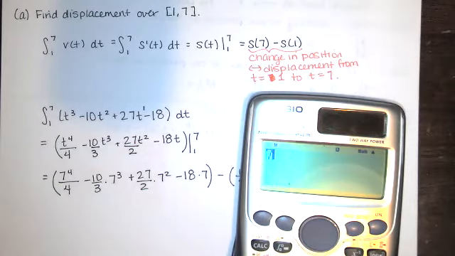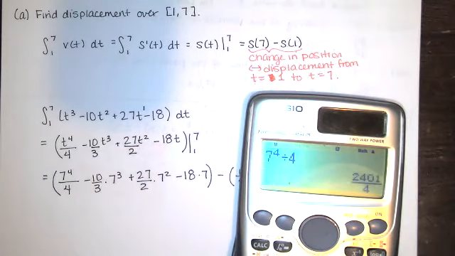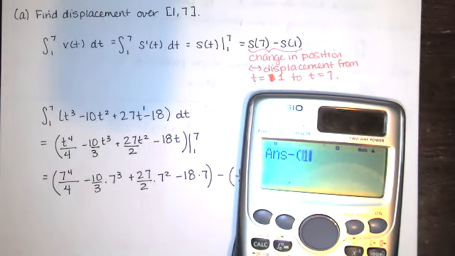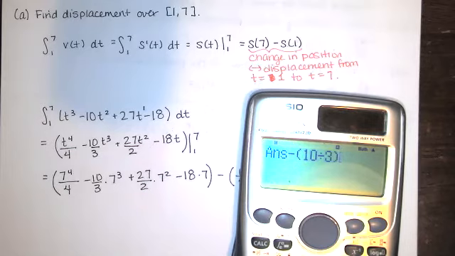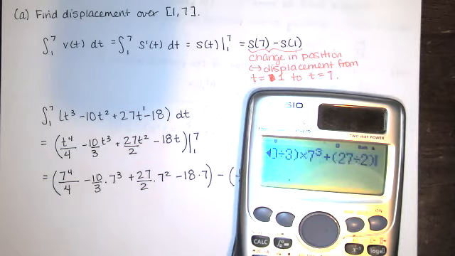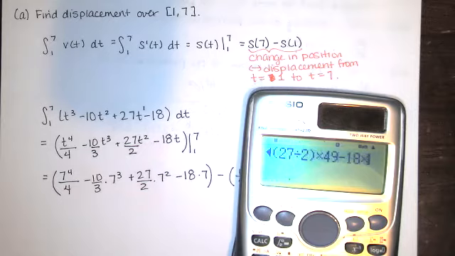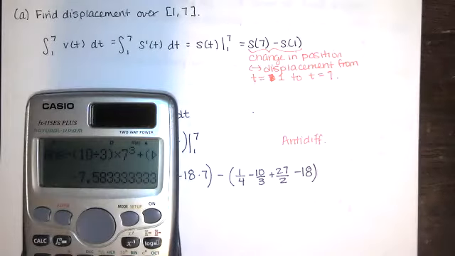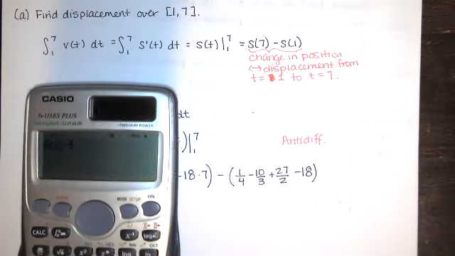So let's figure out what that is. 7 to the 4th over 4 minus 10 over 3 times 7 cubed plus 27 over 2 times 7 squared minus 18 times 7. And then we're subtracting this.